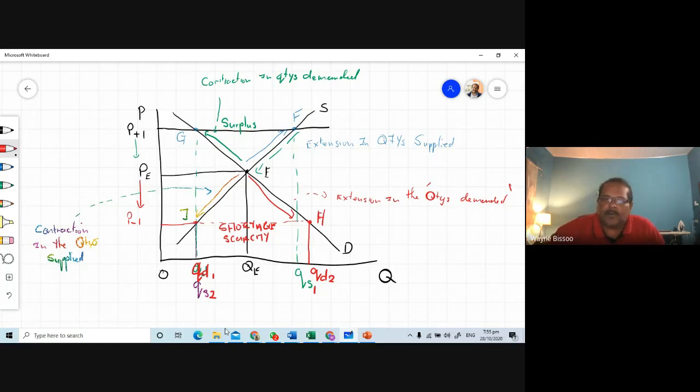So that's going to cause prices to begin to push back up towards that equilibrium point here of E. You all follow that? So in the first case, where there's a surplus, the firms will push prices back down. But in the case of shortages, the consumers push prices back up.